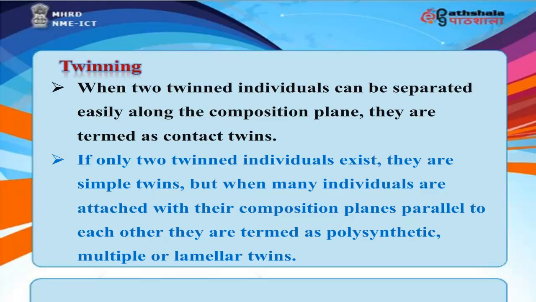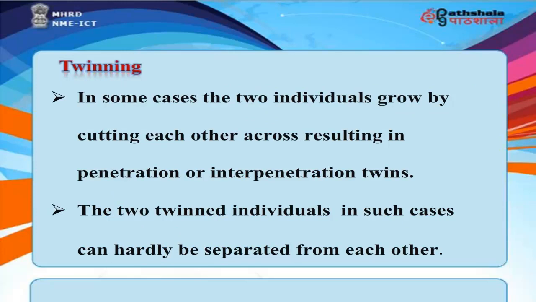When two twinned individuals can be separated easily along the composition plane, they are termed contact twins. If only two twinned individuals exist, they are simple twins. But when many individuals are attached with their composition planes parallel to each other, they are termed polysynthetic, multiple, or lamellar twins. In some cases, the two individuals grow by cutting each other across, resulting in penetration or interpenetration twins.